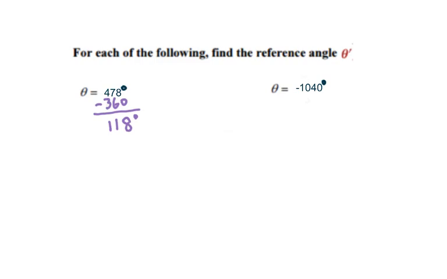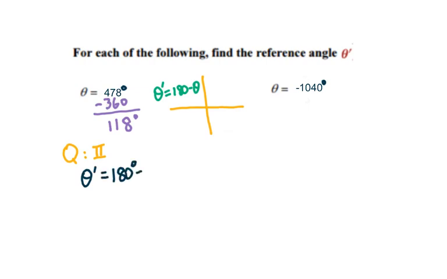For 118 degrees, we know that it's a second quadrant angle. So we use the reference angle equals 180 degrees minus 118 degrees. So you will get 62 degrees. That will be the reference angle.